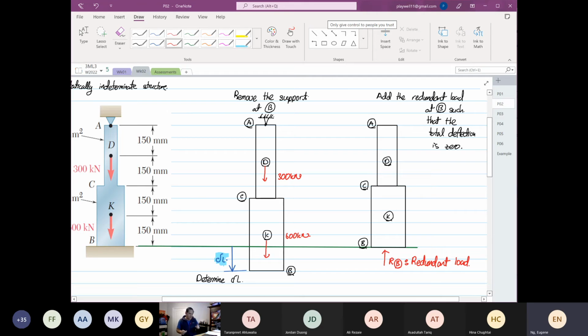And what is the purpose of the redundant load? The purpose of the redundant load is such that when you allow the structure to extend, this redundant load will push it back.